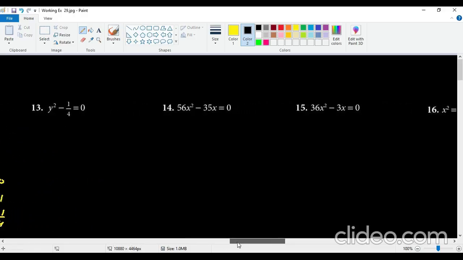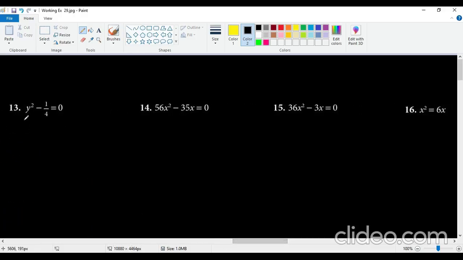When it comes to question number 13, if I consider this a square and this one as b square, so I can write this way. So if I consider this y as a and 1 over 2 as b, so I can write y plus 1 over 2 and y minus 1 over 2 equals 0.